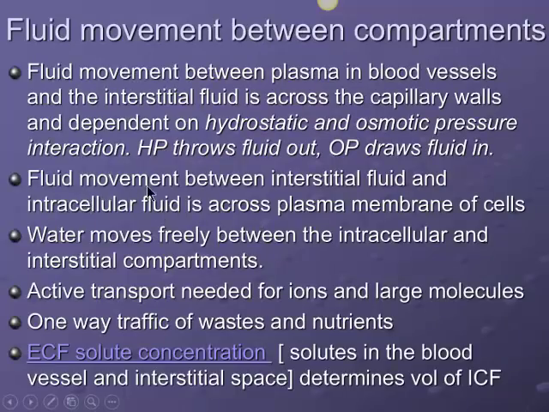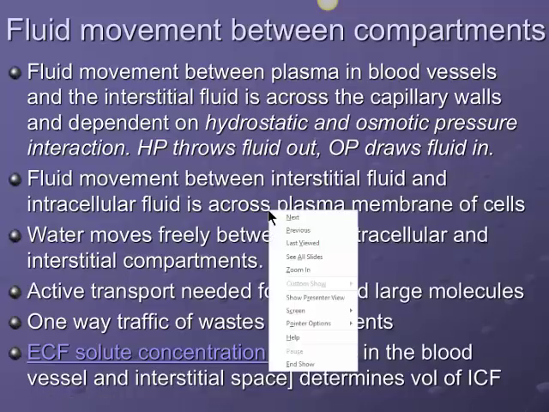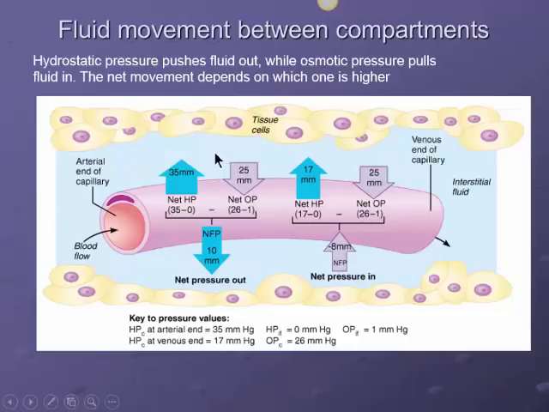The next is between the interstitial fluid and the intracellular fluid. That means the cytoplasm within the cells, across the plasma membrane of the cells. Correct? So again, after fluid has moved out here, then between the interstitial fluid and the intracellular fluid, that means the cytoplasm, it will be across the plasma membrane.